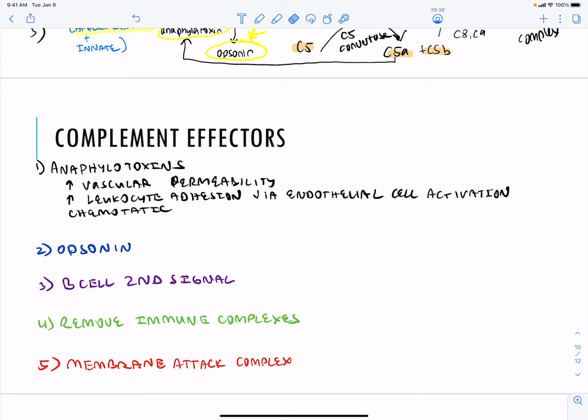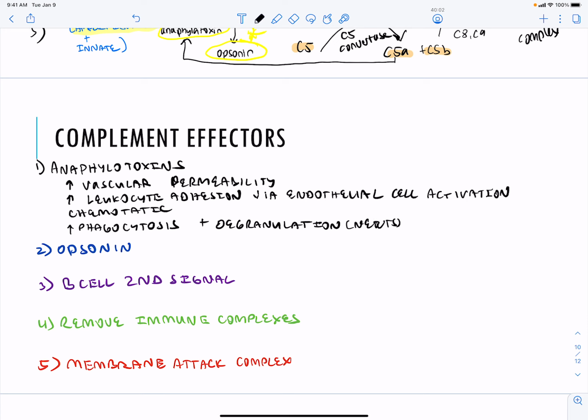They're going to also stimulate phagocytosis, plus degranulation of our neutrophils.